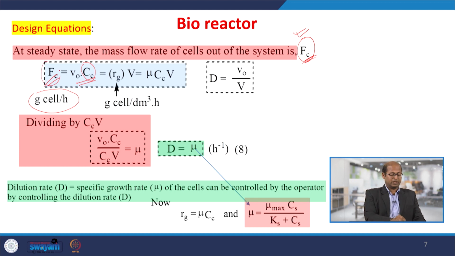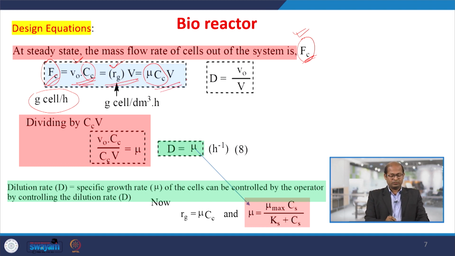So it is usually expressed in terms of mass rate, and this equals R_g into V. R_g is the cell growth rate, and if we multiply it with the volume of the reactor, that is the mass rate of the cells coming out. Here R_g, by definition, is mu into C_c. So if you substitute here, it becomes this.